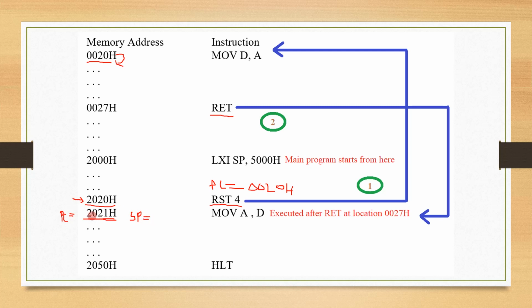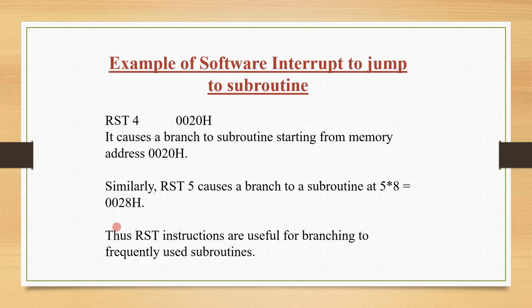This address will be stored in the stack pointer, and after finishing the subroutine it will return to where it had left in the main program. This is possible because of the program counter and stack pointer. As soon as the microprocessor encounters the return instruction, it will return to where it had left. So that is what it means here.